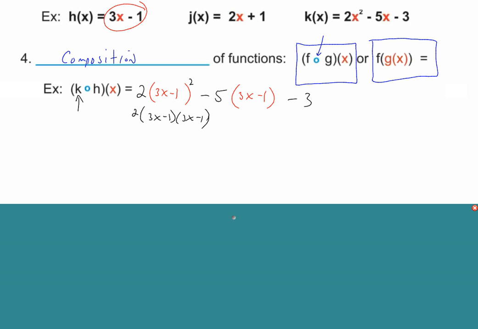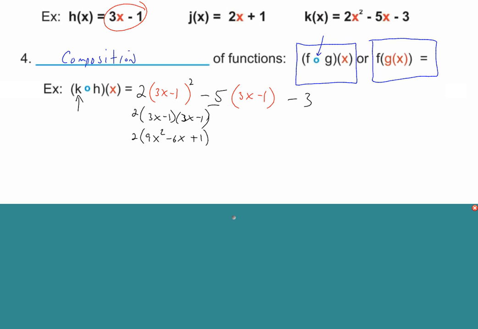And so let's do this part and get it over with. This is 2 times a 9x squared. A negative 3x and another negative 3x is a negative 6x. And a negative 1 times a negative 1 is a positive 1. Look, I'm just distributing. Again, this is Algebra 2. We should be able to do that in our heads. If you can't, take the steps and take the time and do that.